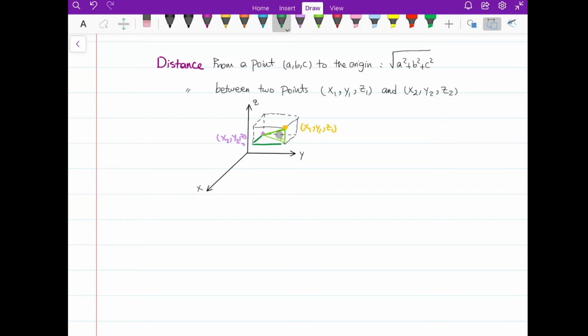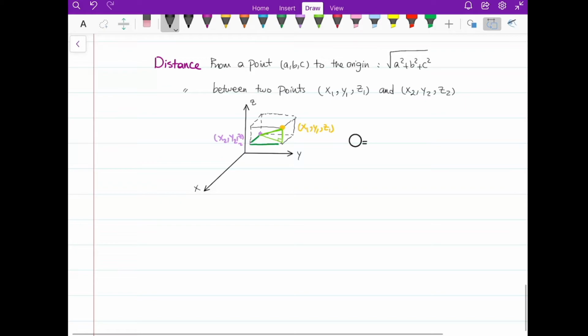With exactly the same idea, I get this fact that the distance between 2 points would be equal to square root of the differences between the first coordinates squared plus the differences between y coordinates squared plus the differences between z coordinates squared.